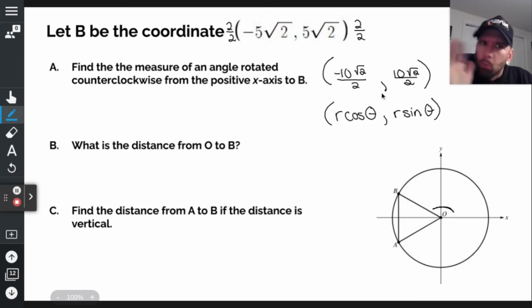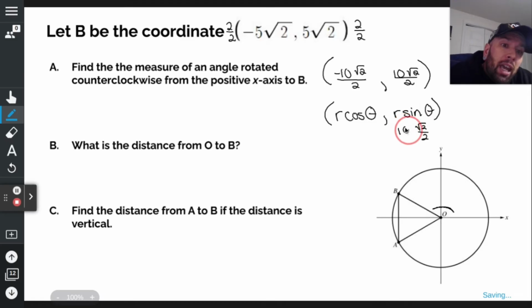Root 2 over 2, I've seen that all over the unit circle. So if sine theta is root 2 over 2, that leaves me with a radius of 10. Similarly over here, since this is negative, I can't have a negative radius, so I'll pretend the radius is 10 and the cosine is negative root 2 over 2.